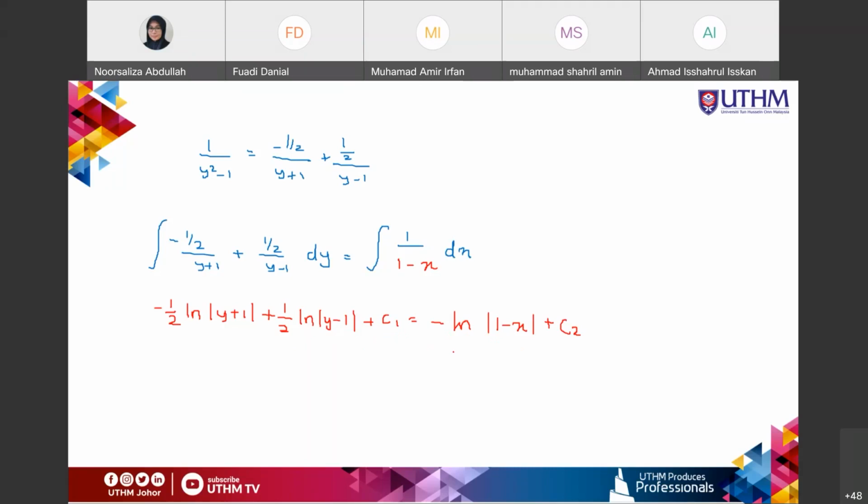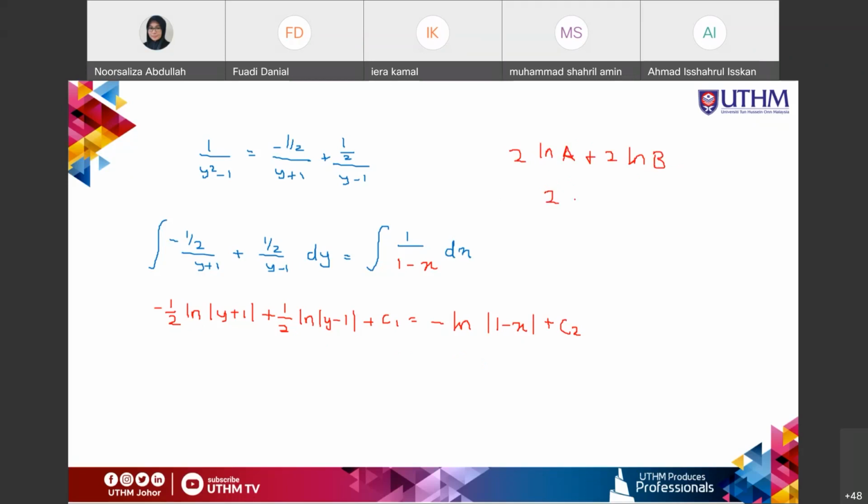Ni kita rearrange balik equation. Kalau you tengok sini ln, katalah awak ada 2 ln A plus 2 ln B, apa jadi?